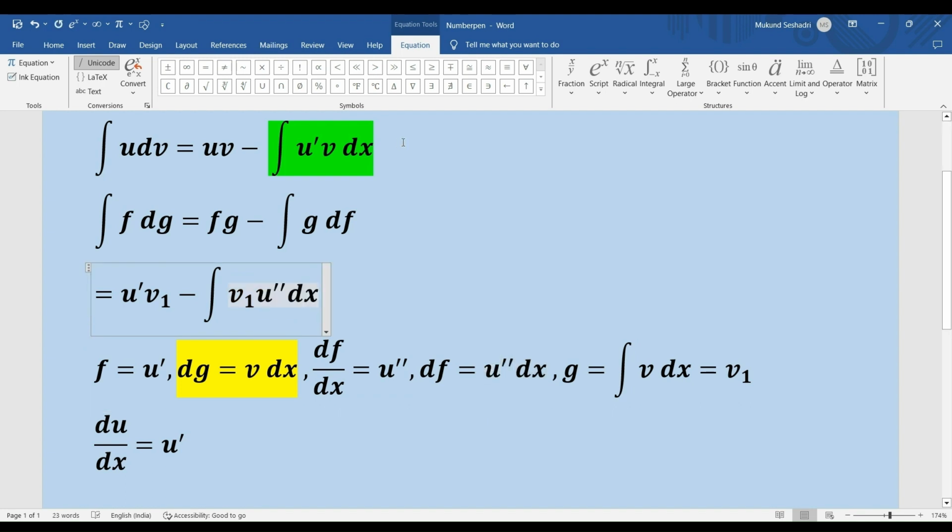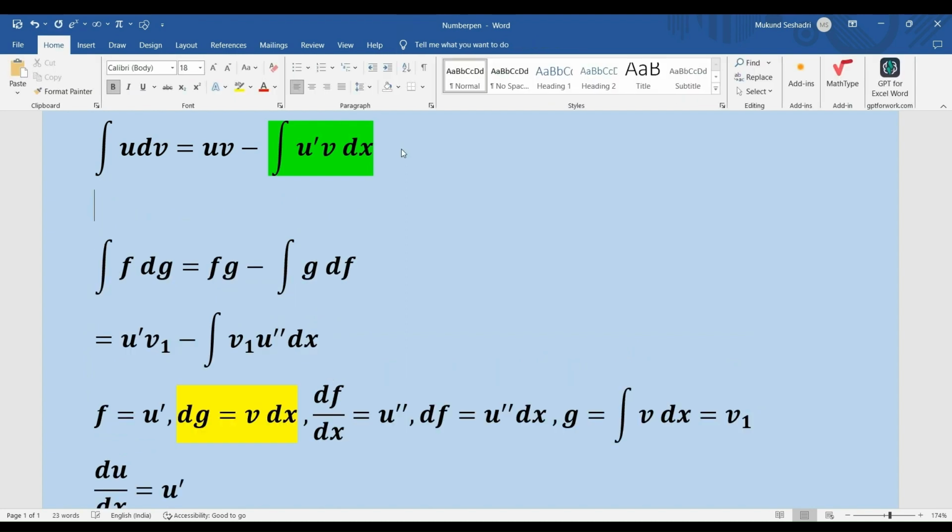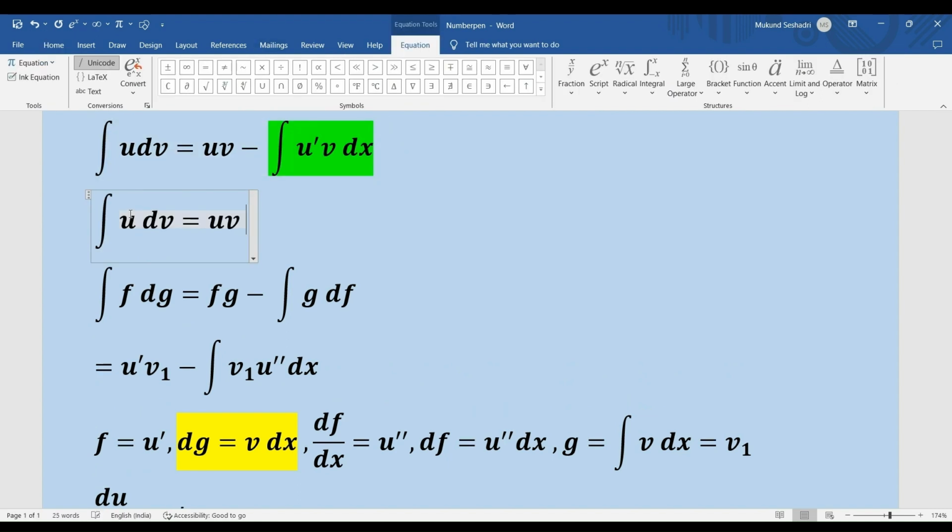Now I go back to my u dv expression, which is nothing but uv minus the integral of u dashed v dx. And the integral of u dashed v dx is what we did in our previous step using the integral of f dg. What we arrived at is u dashed into v1 minus the integral of v1 into u double dashed dx.